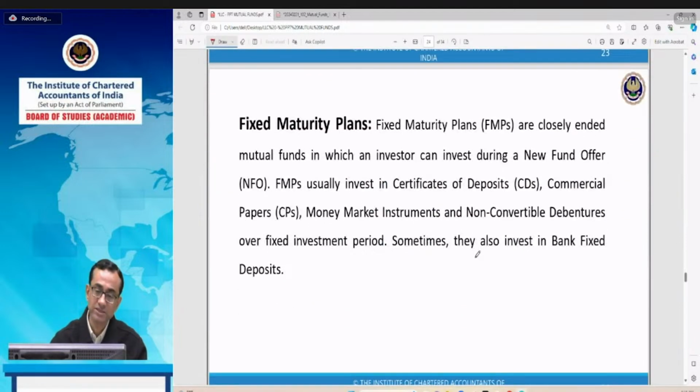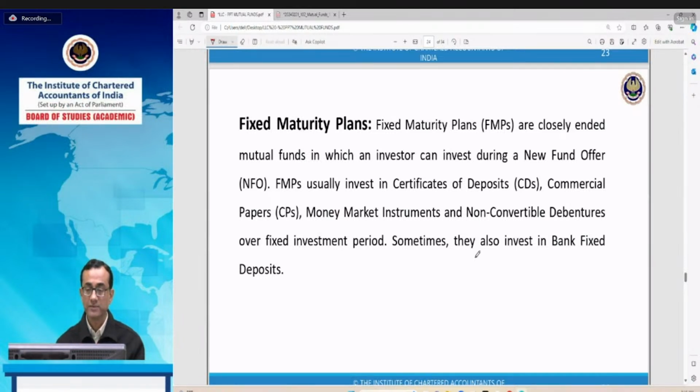Now come to fixed maturity plans. Fixed maturity plans are closed-ended mutual funds in which an investor can invest during a new fund offer. You know that a new fund offer is basically like an IPO, or initial public offer, of companies coming out with a new issue of shares. In case of mutual funds, the term used is new fund offer, or NFO.